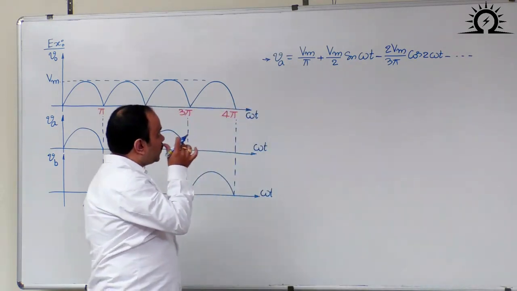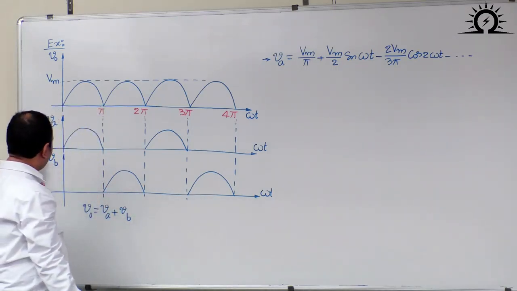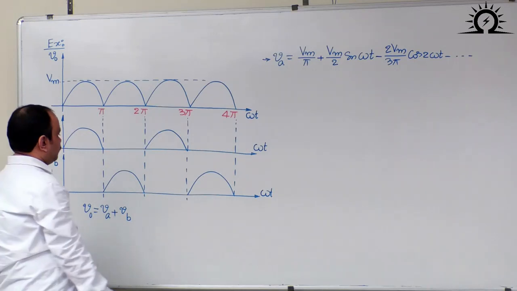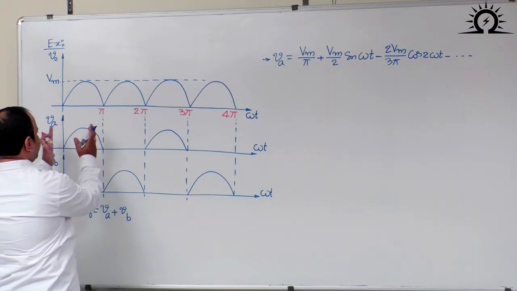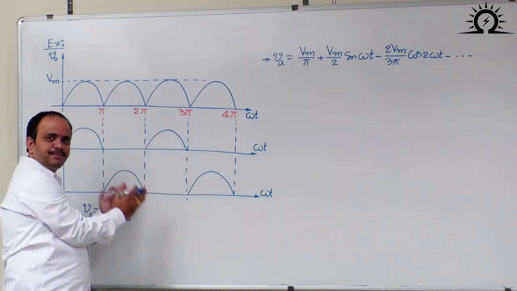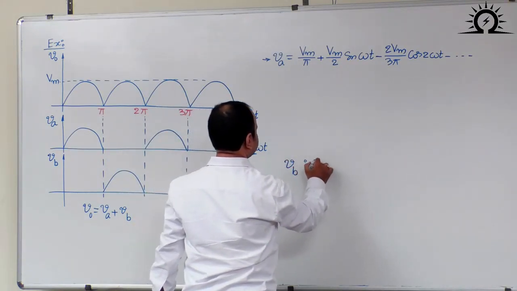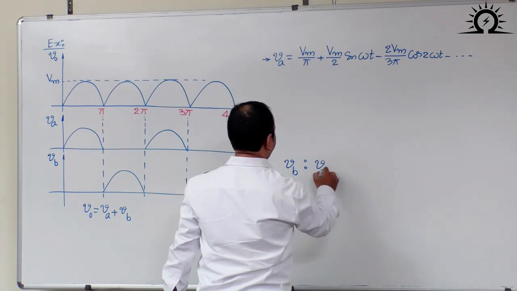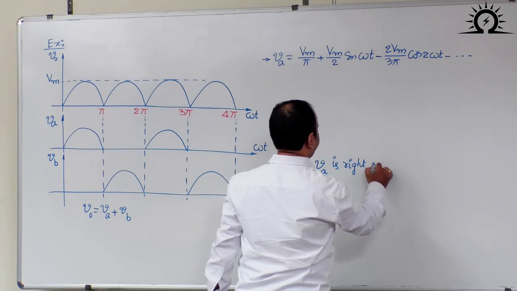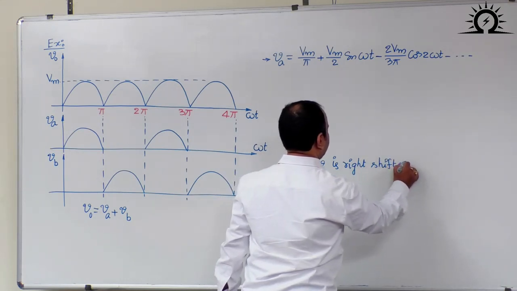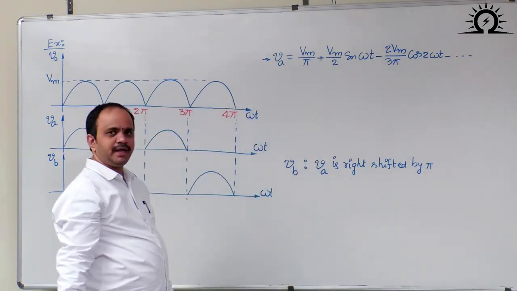Right? Now that is VA. Observe carefully here. What is VB? The VB waveform is nothing but the VA waveform right shifted by pi. So VB is the same as VA right shifted by pi.